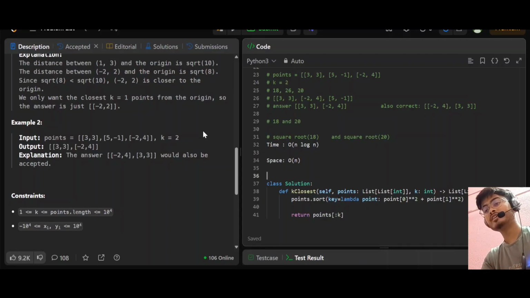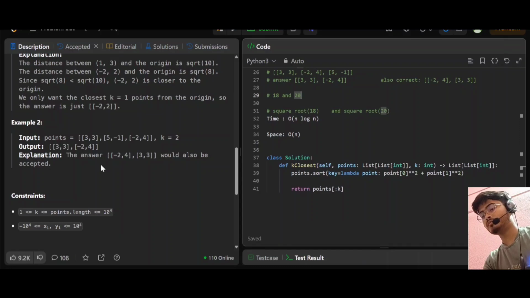Let's quickly recap the solution. We are given several points on a two-dimensional plane. We need to return the k points that are closest to the origin. For each point x, y, its squared distance from the origin is x square plus y square. We don't need to calculate the square root because comparing squared distances gives us the same ordering. We sort all the points based on their squared distances, then we return the first k points.